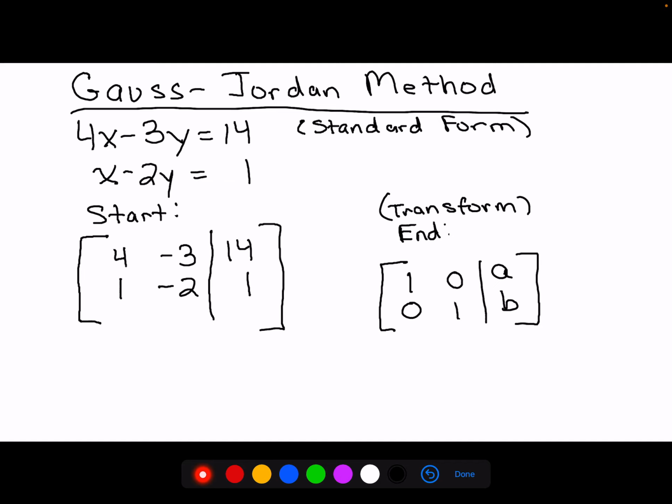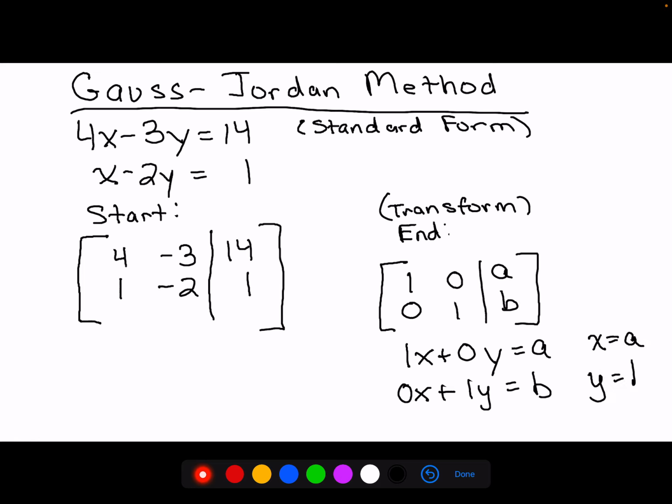We want from the top left to the bottom right to be 1s, and then everything else to be 0s. So essentially, what we'll have is an equation like 1x plus 0y equals A, 0x plus 1y equals B. That's what that matrix stands for. So we'll have our solutions: x equals A, y equals B. So whatever those numbers are in that far right column, that'll be our solutions to our system.